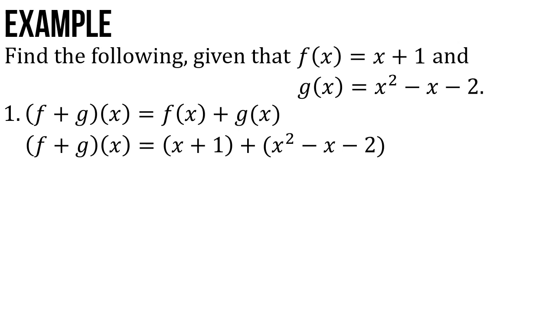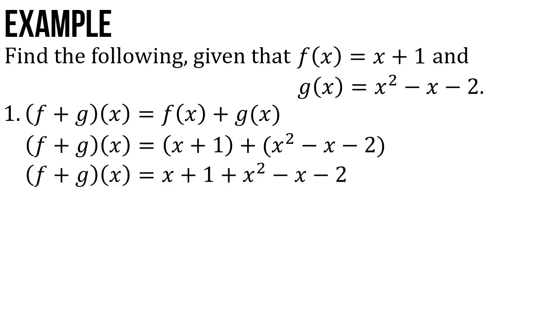So put a parenthesis first, okay? To indicate that those two came from two different functions such as f of x and g of x. Then remove the parenthesis. So it will become f plus g of x equals x plus 1 plus x squared minus x minus 2.